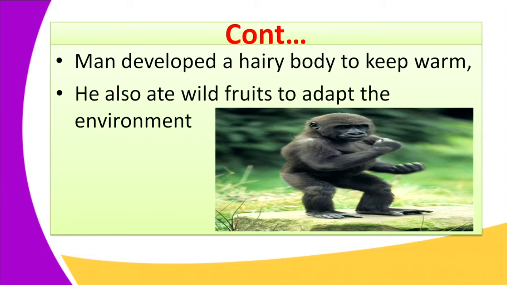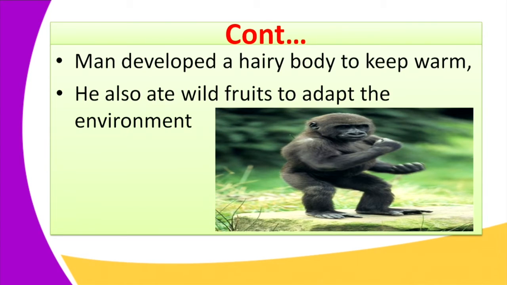So looking at this early man, the early man has changed. Instead of wearing clothes, the early man could develop some fur or hairy body to make him more warm, especially at night when it was very cold.